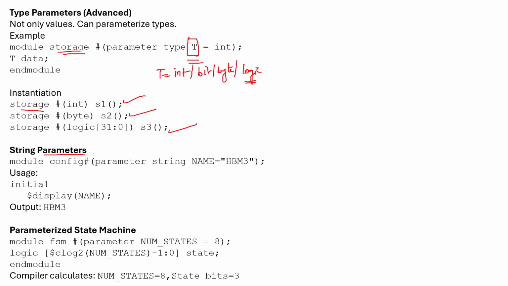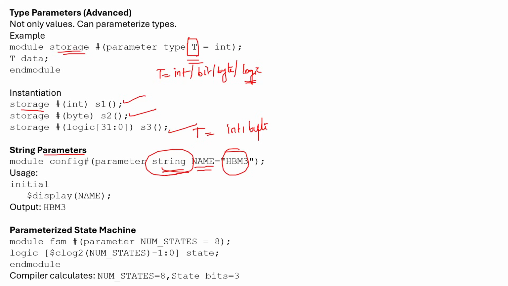See, string parameters: I'm using this name, string name. For parameter T you are utilizing int, then byte, bit, like this, right? Same way I'm using it for names, string name. This name you want to change globally.